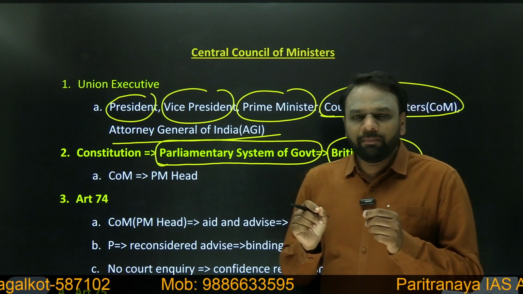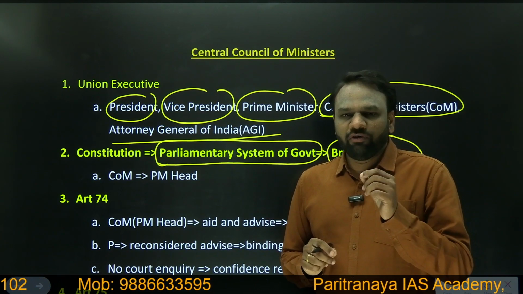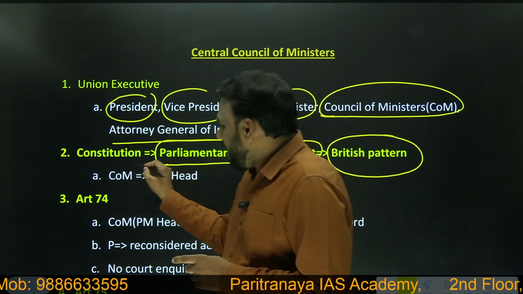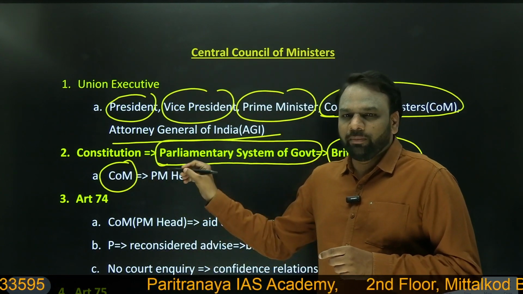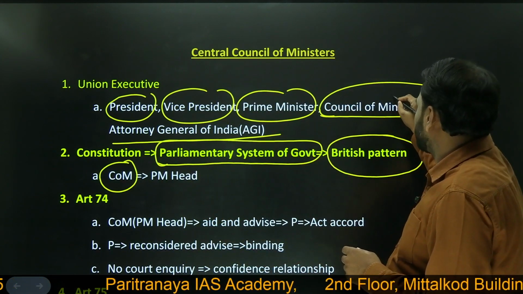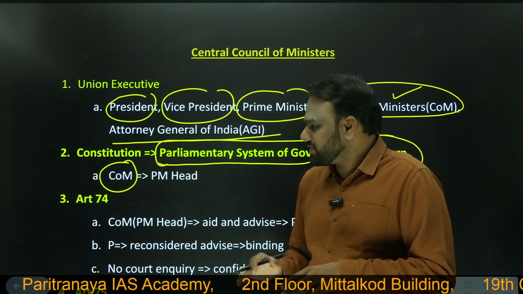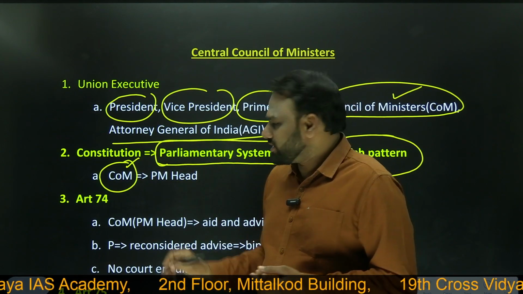There are many basic aspects associated with parliamentary system, but one important thing that stands out is that in parliamentary system we have Council of Ministers. Whenever I write COM, it means I am referring to Council of Ministers. In any parliamentary system, the fundamental is like this: there will be a Council of Ministers, and who will be the head of Council of Ministers?